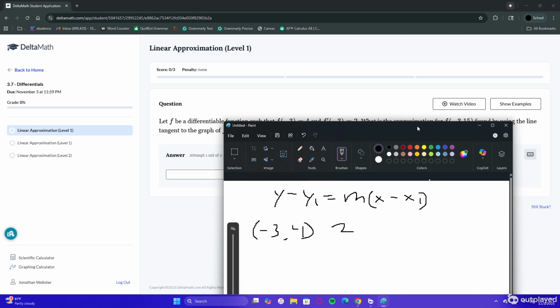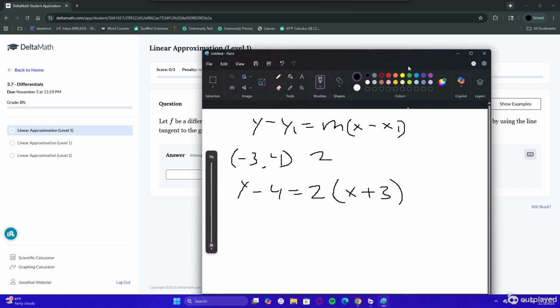So just plugging that in, y minus 4 is equal to 2 times x minus -3, so plus 3, and that's just y minus 4 equals 2x plus 6, and then that's equal to y equals 2x plus 10.